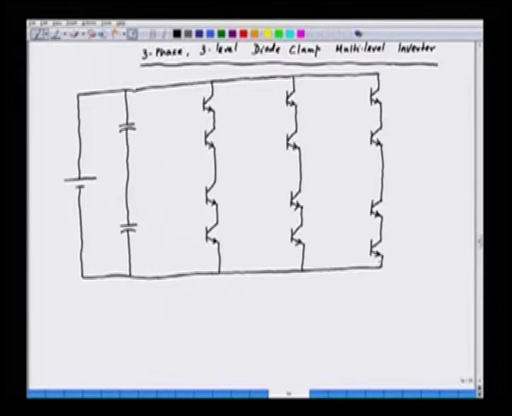So each leg has got 4 IGBTs, and each IGBT will have its anti-parallel diode.